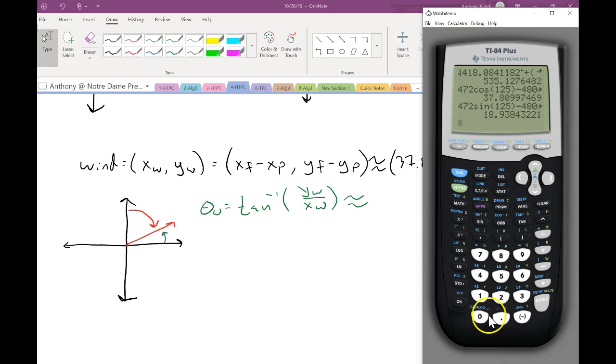And when I type that into my calculator, I get 26.61.